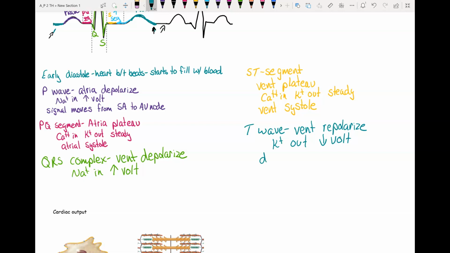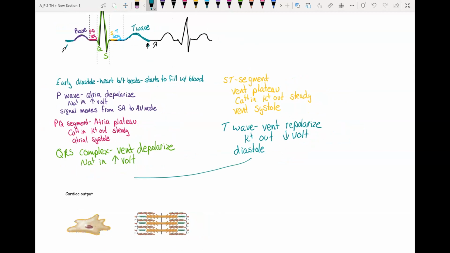So now you are in diastole, where you again begin to refill with blood. And then you would go back to another P wave. So remember, it's a repeating cycle. So then you would have another P wave. So this would be our next P wave right here, and you would just keep repeating.